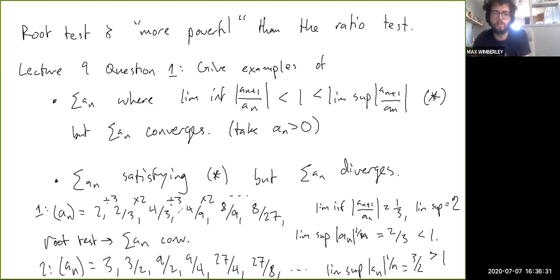So in these cases you can see examples of series where the ratio test gives us no information, but the root test actually gives us information we can use.